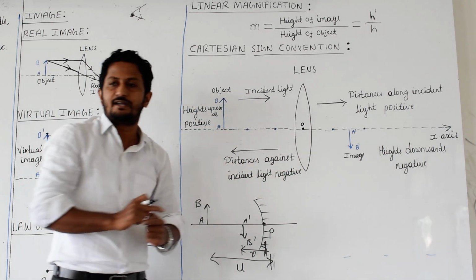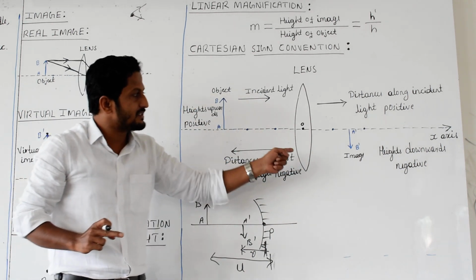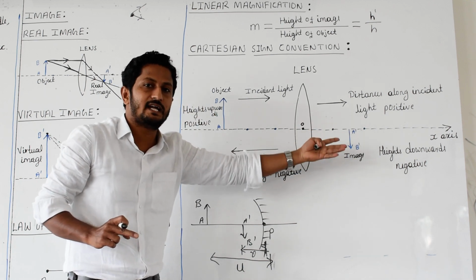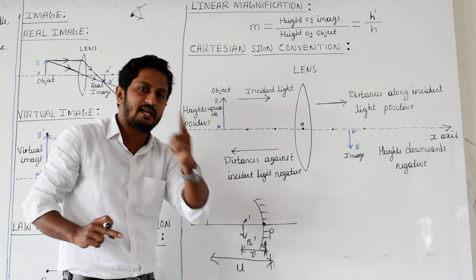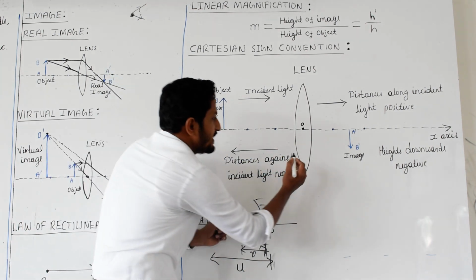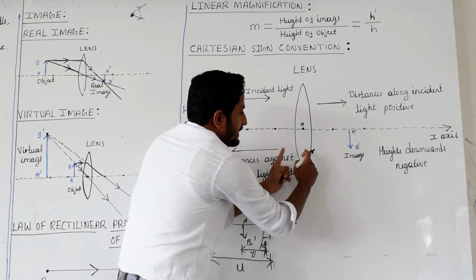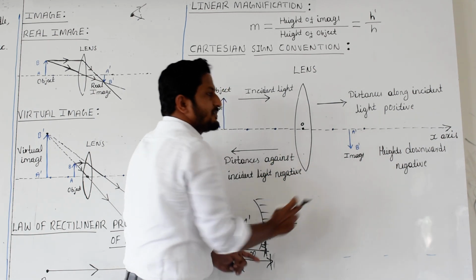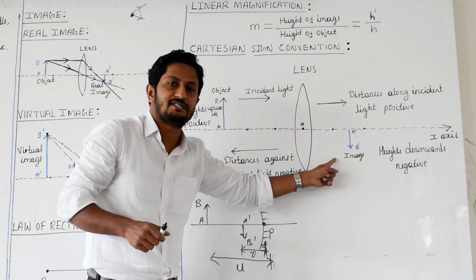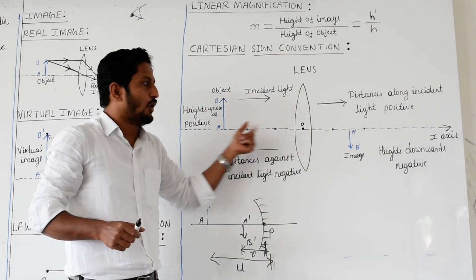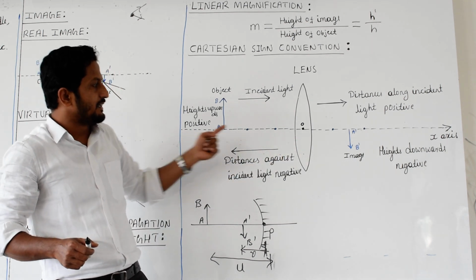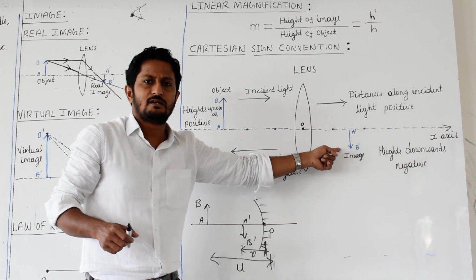Here the image is here. To say where, again the measurement should be from the optical center, from here to there. This distance you call image distance. Small v, image distance. Small u, object distance.